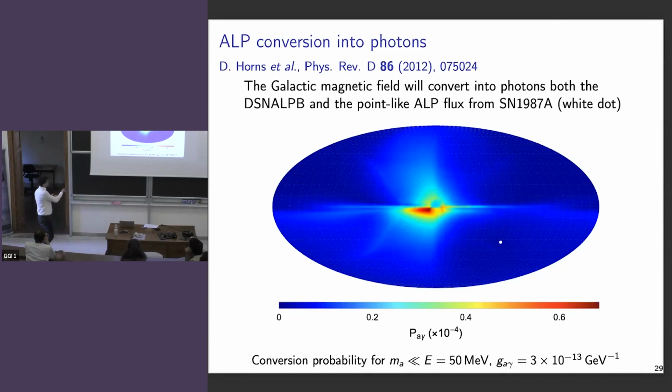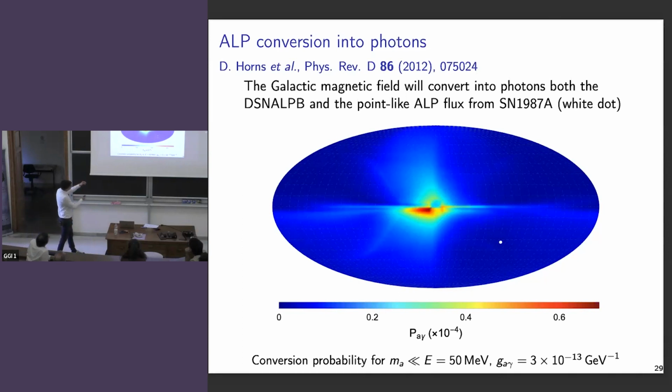Here you can see the sky map of the conversion probability, which reflects essentially the morphology of the magnetic field inside the galaxy. It is maximum around the center of the galaxy, with lower values for larger values of the latitude and the longitude.